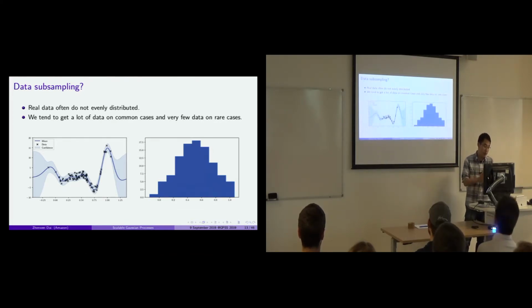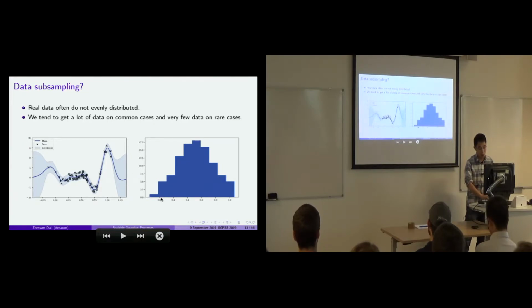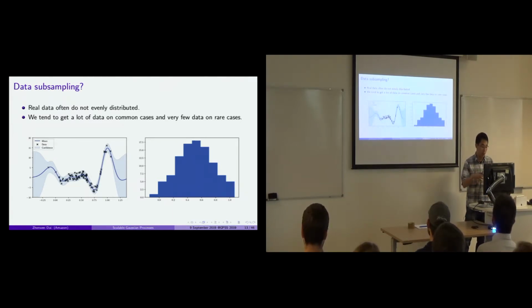In this small toy case, I created more data in the center and less data at the two sides. Whenever we do random subsampling, the area with less data will very likely be left out, so we will very easily miss the data points at the locations where there's less data.